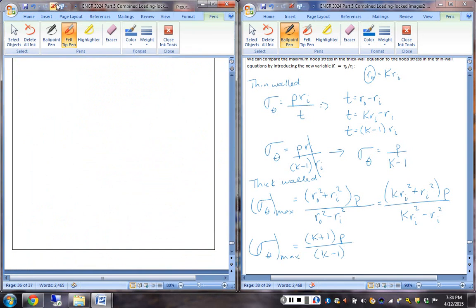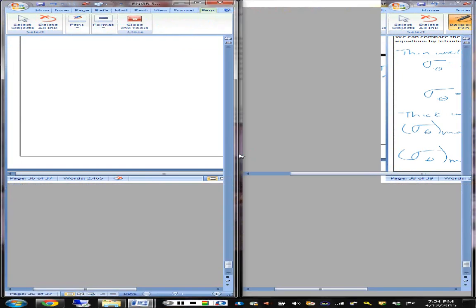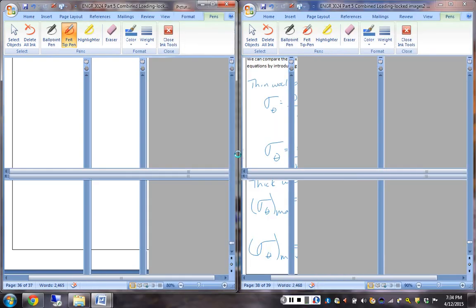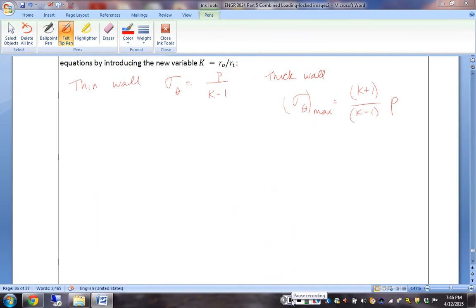If we now look at how these vary, alright, after yet one more Microsoft Word crash, we have cast our thin-walled and thick-walled equations in terms of our new variable K, which is the ratio of the outer radius to the inner radius.